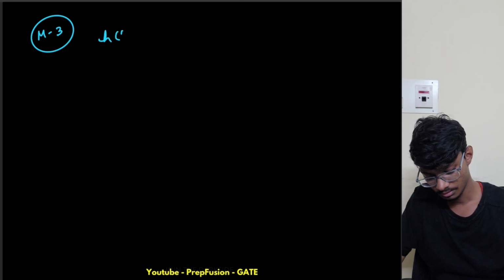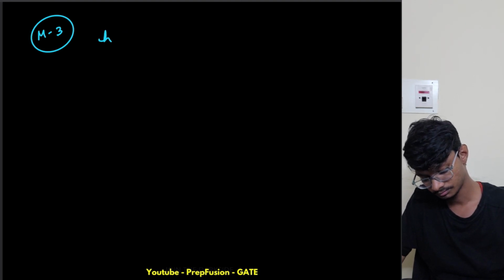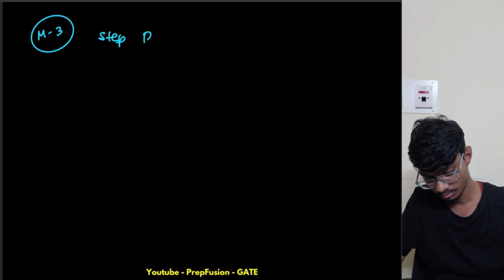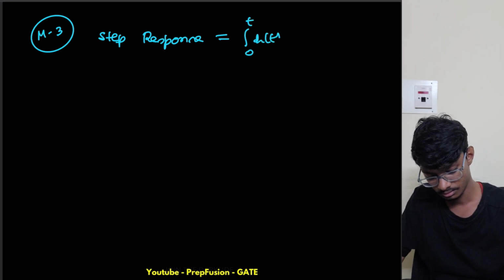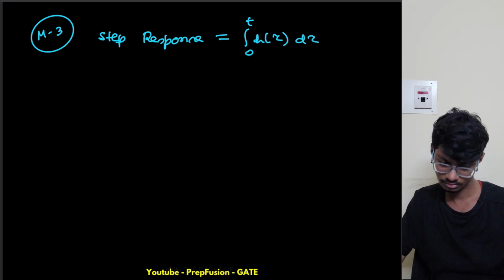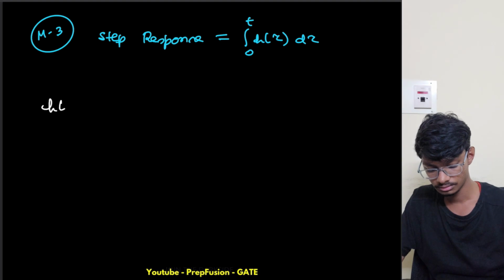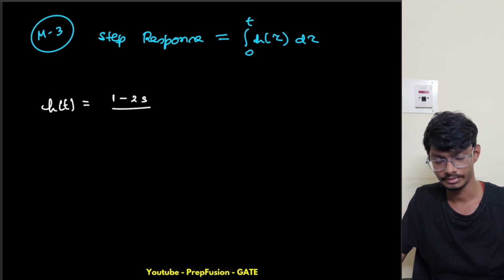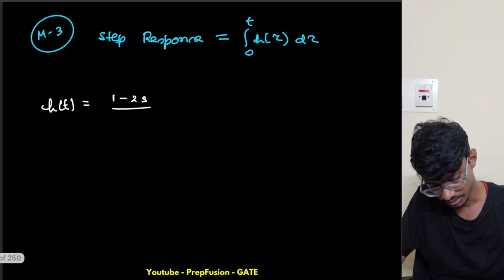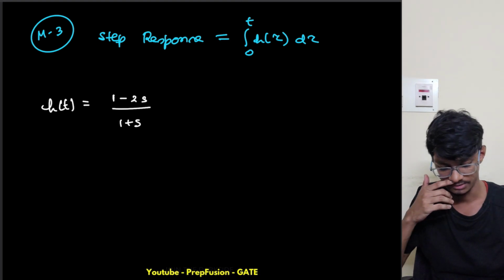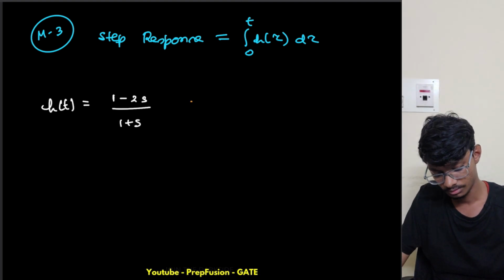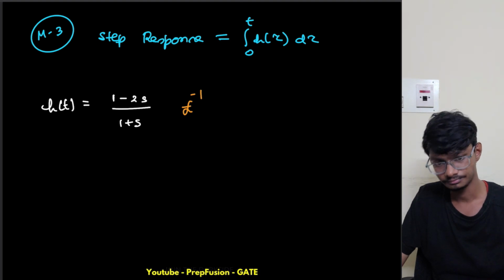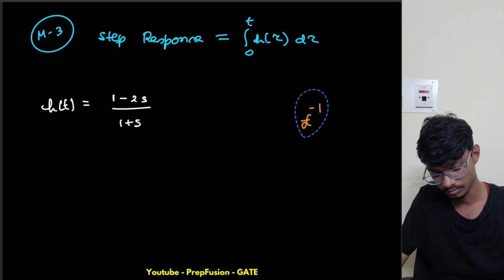Method 3. h of t equals the inverse Laplace of (1 minus 2s) divided by (1 plus s). Now taking the Laplace inverse of this, what do you get? Let me first break this down, that will be easier for us to solve.